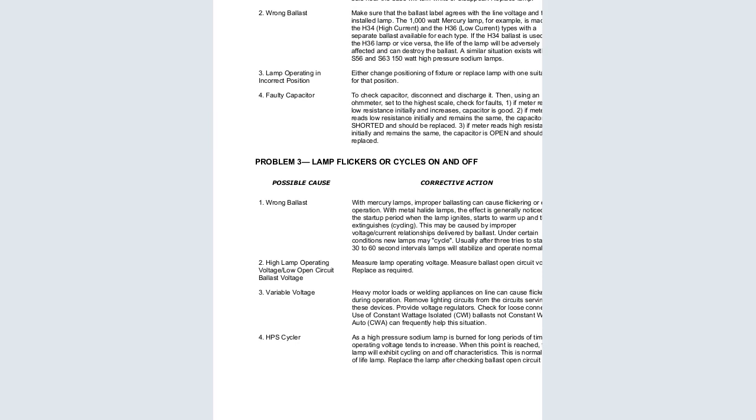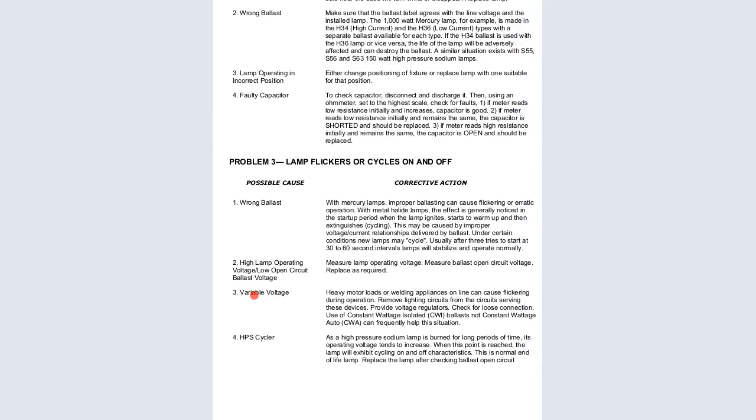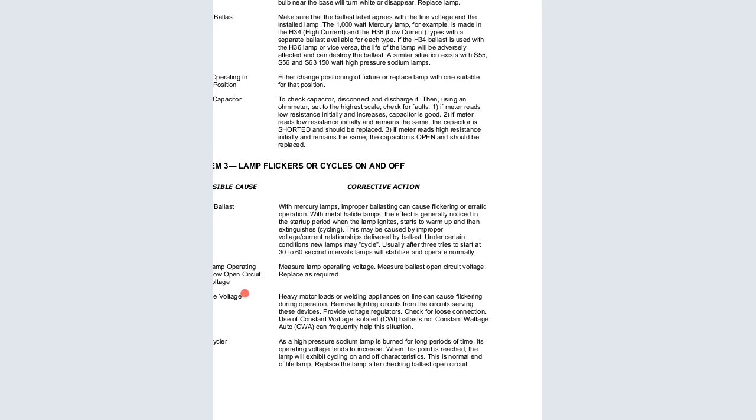Maybe there is a wrong ballast. With the mercury lamp, improper ballasting can cause flickering or erratic operation. With metal halide lamps, the effect is generally noticed in the startup period when the lamp ignites, starts to warm up, and then extinguishes, cycling.